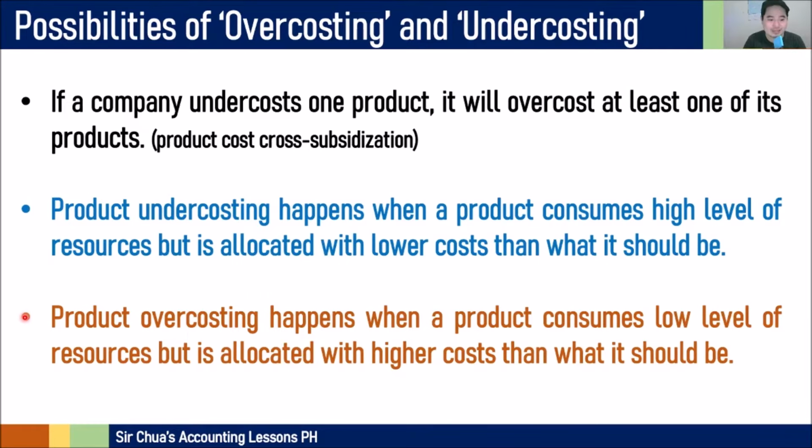If we are applying uniform costing to all of them, product overcosting happens when a product consumes a low level of resources, but what we allocate to it is a higher cost than what it should be. So in product undercosting, you are costing it too little, and then for the other one you are overcosting. So too little for one, too much for the other, resulting in subsidization of cost between them.